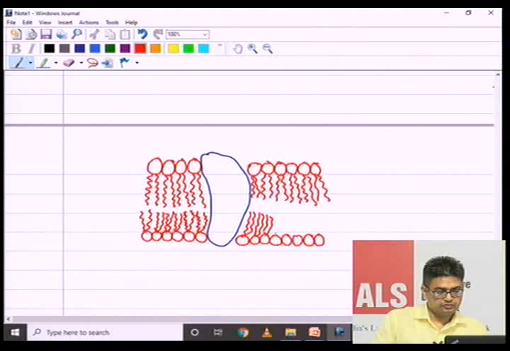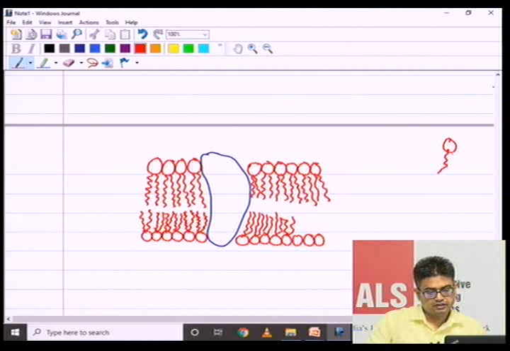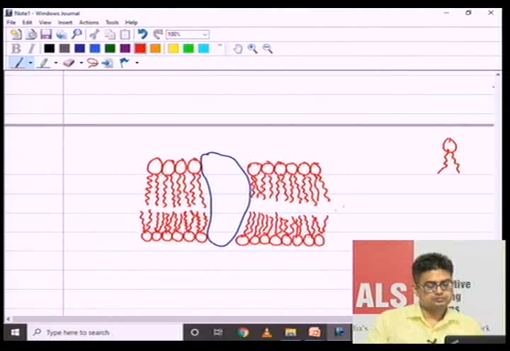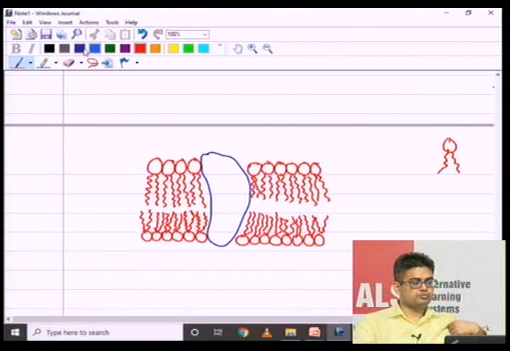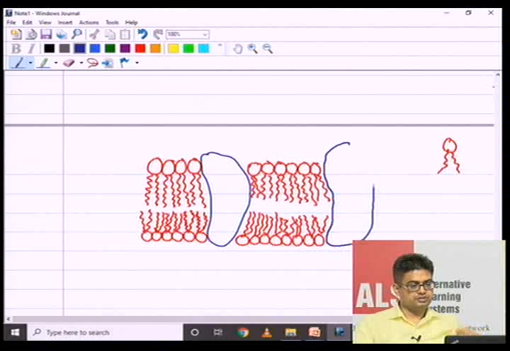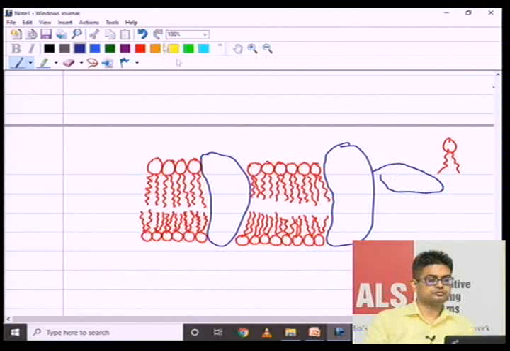More than that, we are going to discuss some structures. Basically, we have to draw a zigzag tail like this. And there are some proteins here also on the outside surface, on the inside surface. Like this.